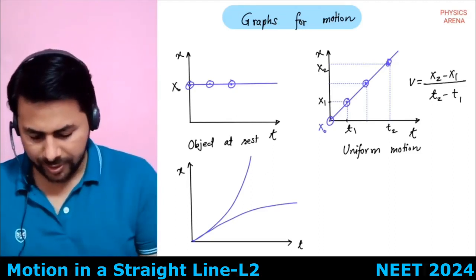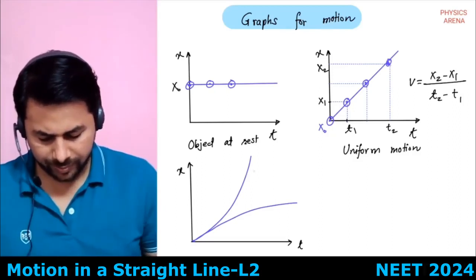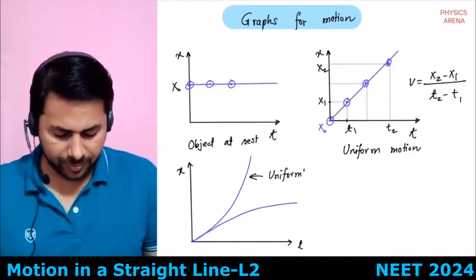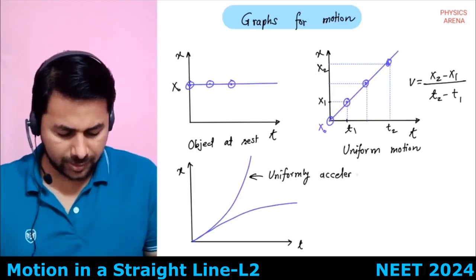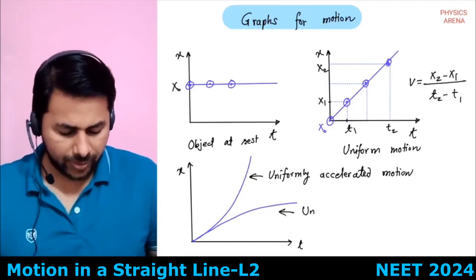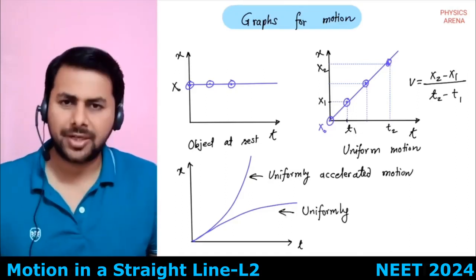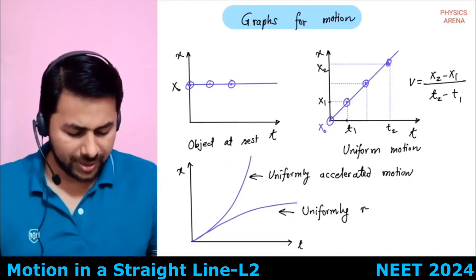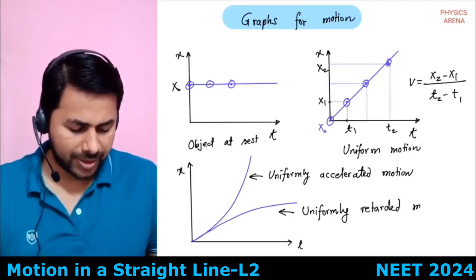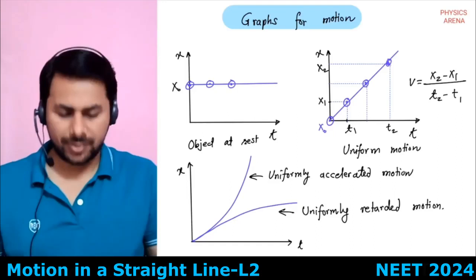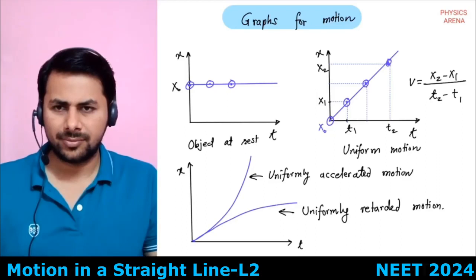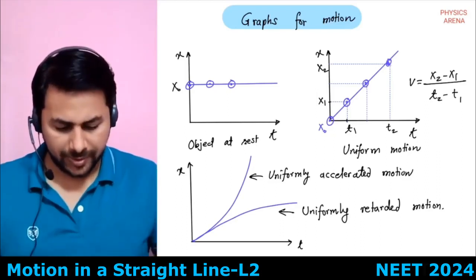So this is for uniformly accelerated motion. And this one is for uniformly decelerated motion, you can say, or uniformly accelerated motion with negative acceleration, or uniformly retarded motion. Okay, is it clear? Yes, sir.